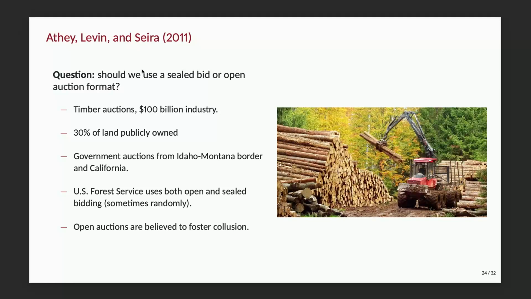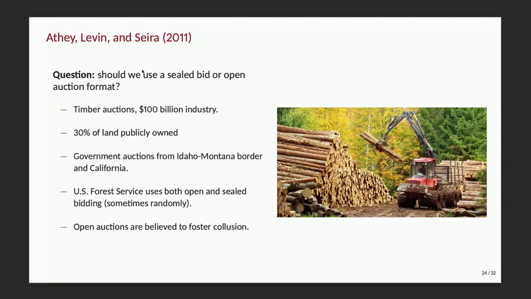The seller should be equally well off. But there are many things that we believe are very plausible to occur in the real world, such as bidder asymmetries, collusion, risk aversion, and so on, that may break this result. So this is what they're basically asking. Well, if we actually test this in the real world, what do we find?